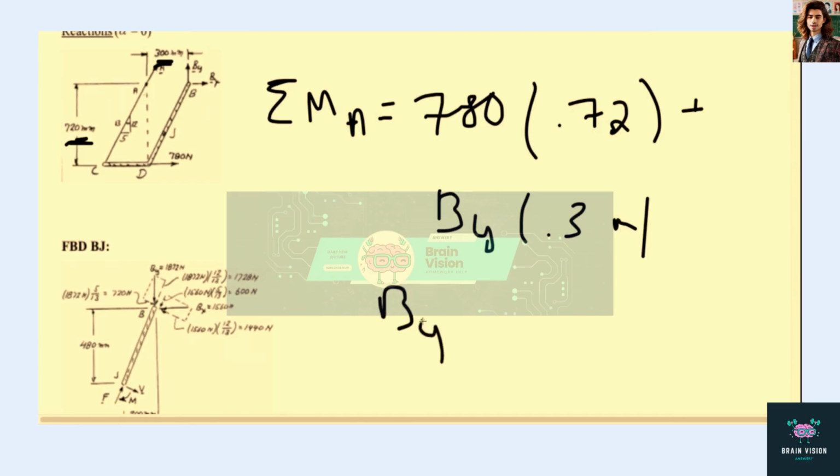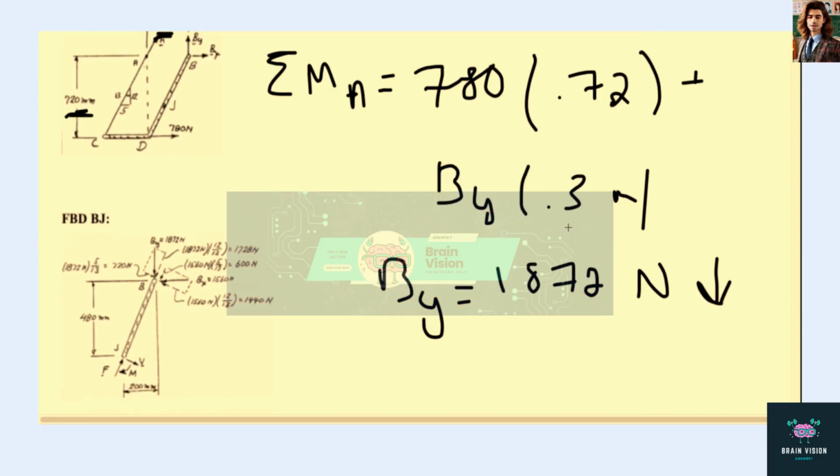So that means By equals 1,872 newtons downwards, or negative 1872 newtons.